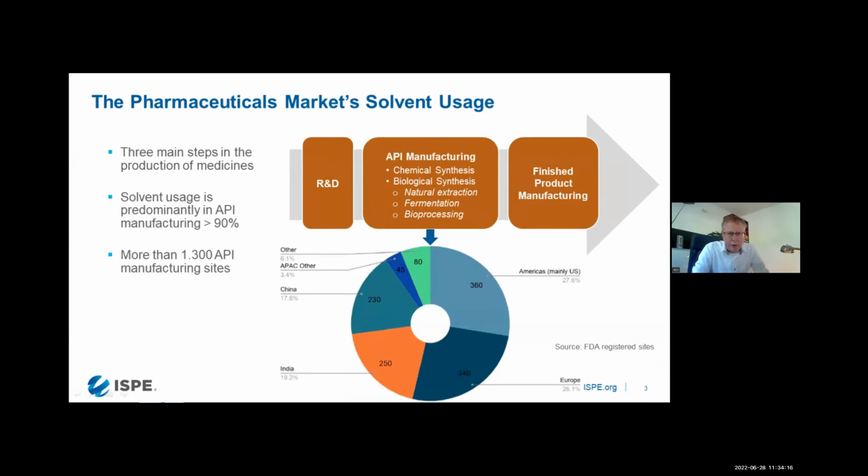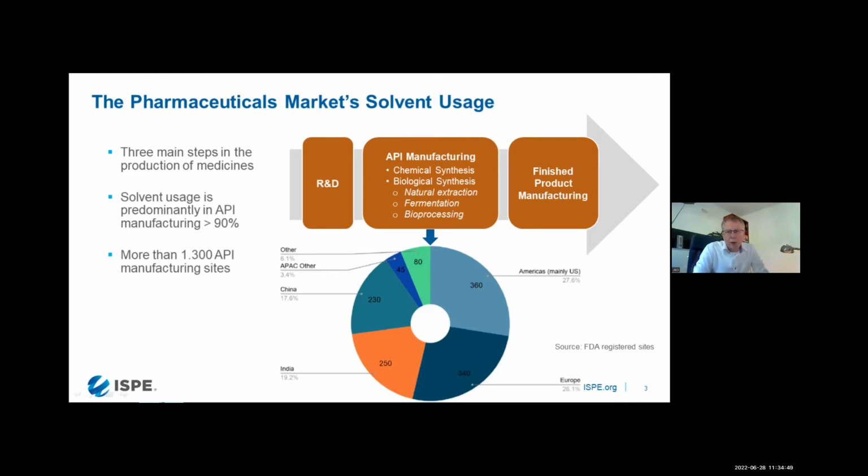There are different routes: chemical synthesis and biological synthesis, and the latter can involve processes like extraction, fermentation, and bioprocessing. Once the API has been manufactured, it needs to be put in some form, a tablet or a serum, which is the step of finished product manufacturing.